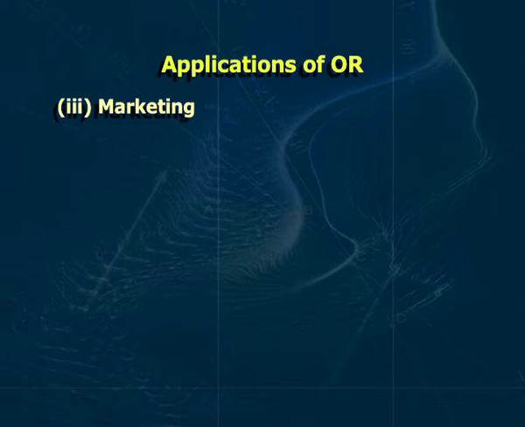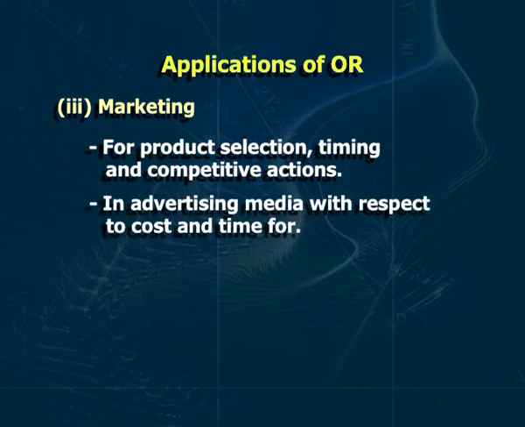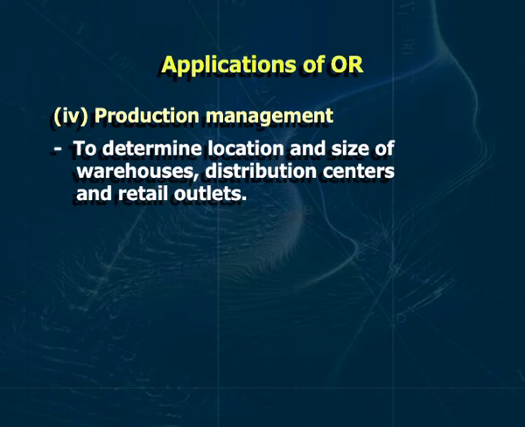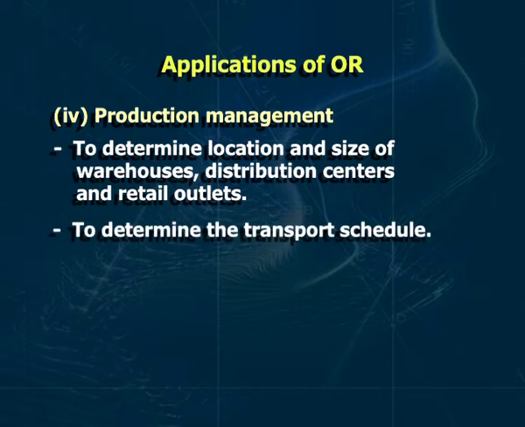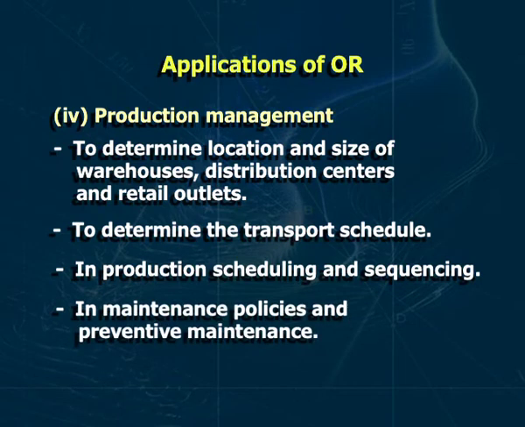Number 3. Marketing: for product selection, timing and competitive actions, in advertising media with respect to cost and time. Number 4. Production management: to determine location and size of warehouses, distribution centers and retail outlets, to determine the transport schedule, in production scheduling and sequencing, in maintenance policies and preventive maintenance.